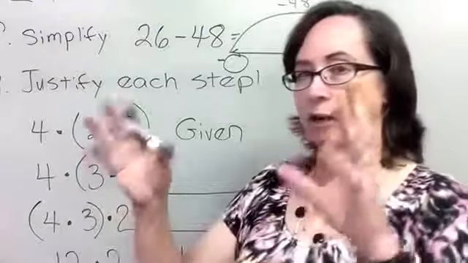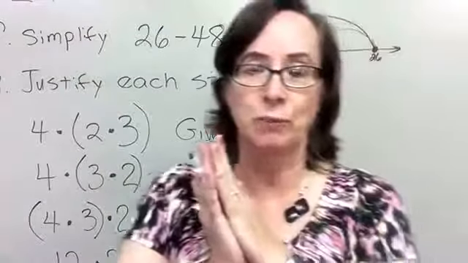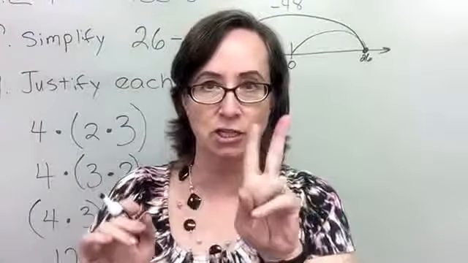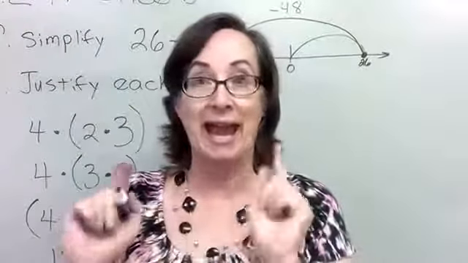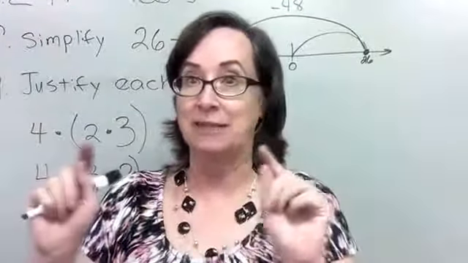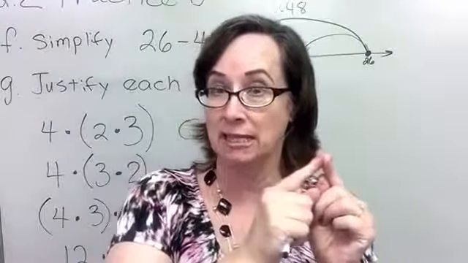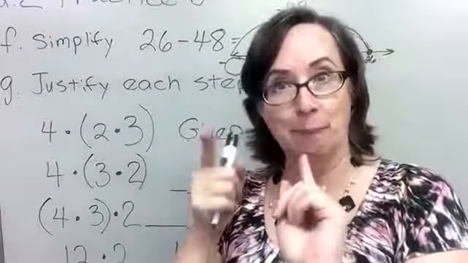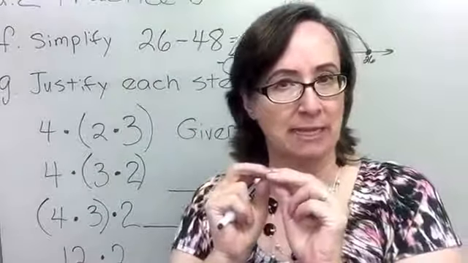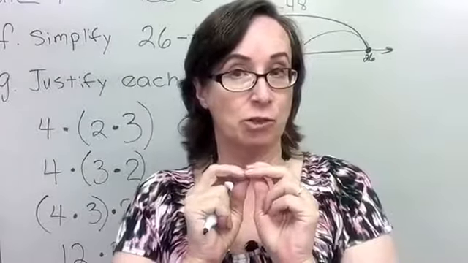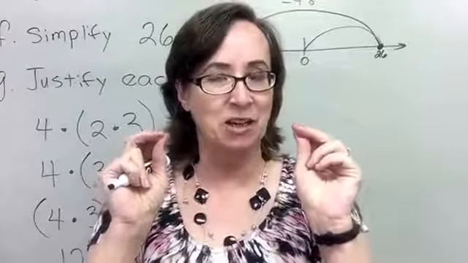Okay, now let's talk about our two rules. We can do all of our signed addition and subtraction with just two rules. When we're adding, if it's the same sign we add, we keep the common sign. If it's opposite signs, we subtract and take the sign of the greater. So those are our two addition rules.